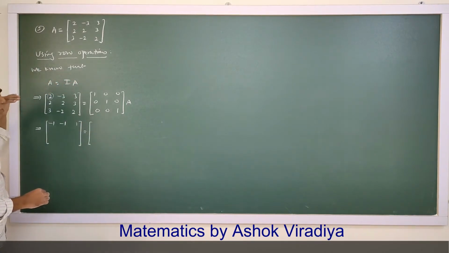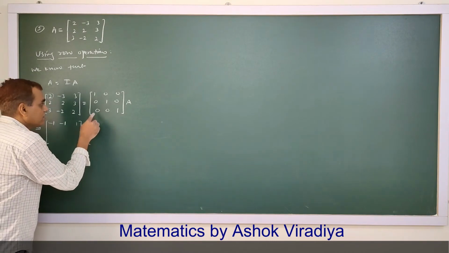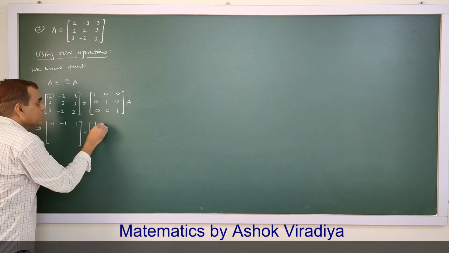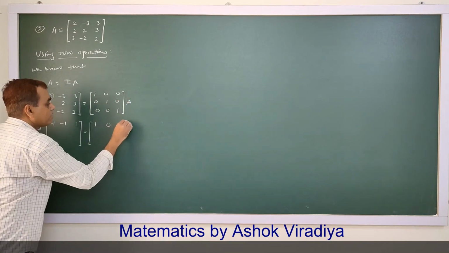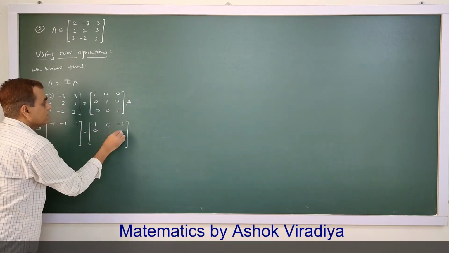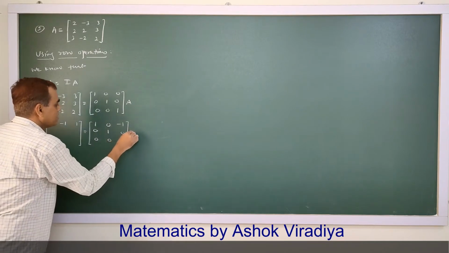From the first row, the third row is subtracted. Same thing here: 0 subtract here, so 1, 0. Third row we are subtracting from first row, so minus 1. 0, 1, 0, 0, 0, 1.